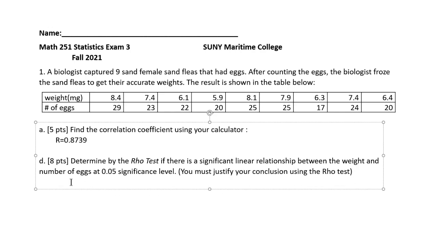Okay, so how do you do that? Well, I do see that 0.8739 is quite close to 1, and you would expect that this is indeed a high value, so you can say it's correlated, but what is the significance?